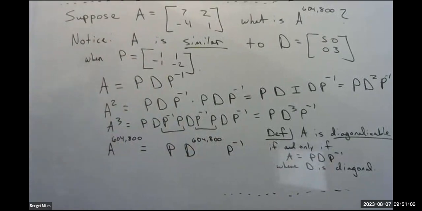So if a diagonal matrix in the middle like this, why do we like this?